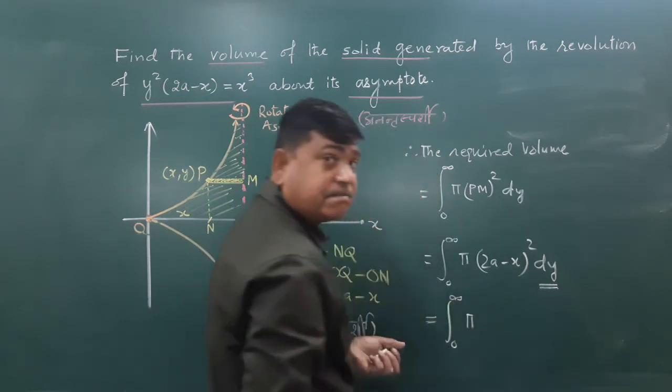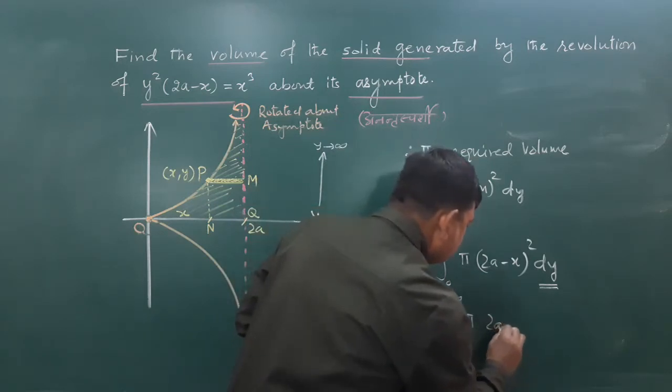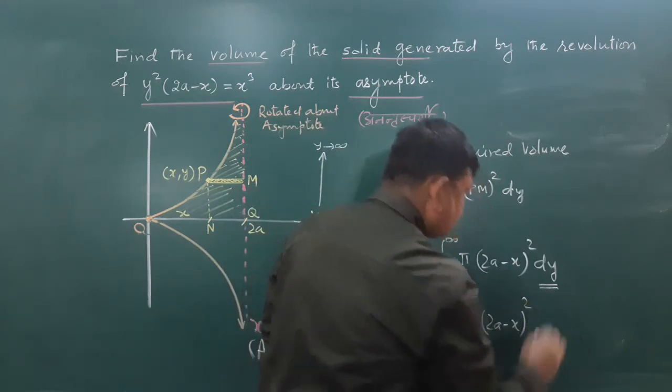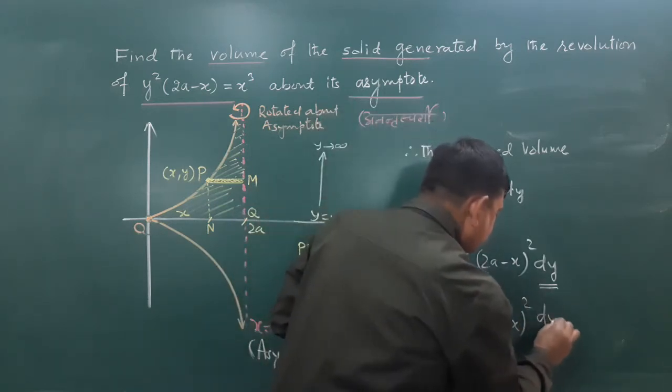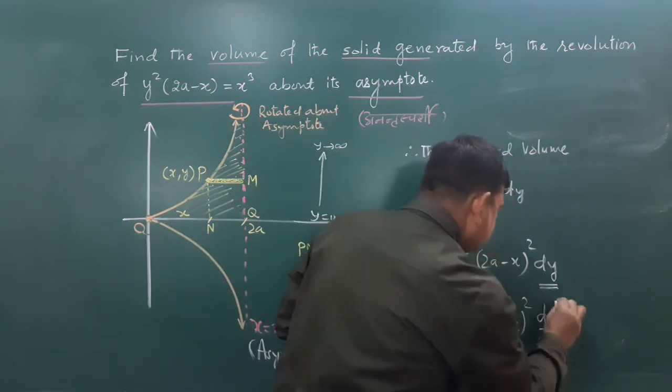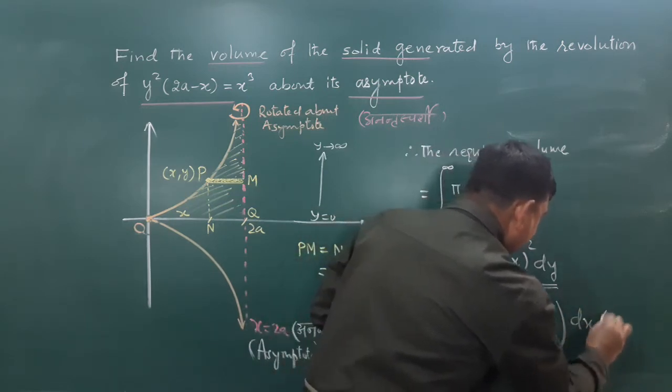This is pi. This I write 2a minus x whole square. This I write dy by dx, and here is dx.